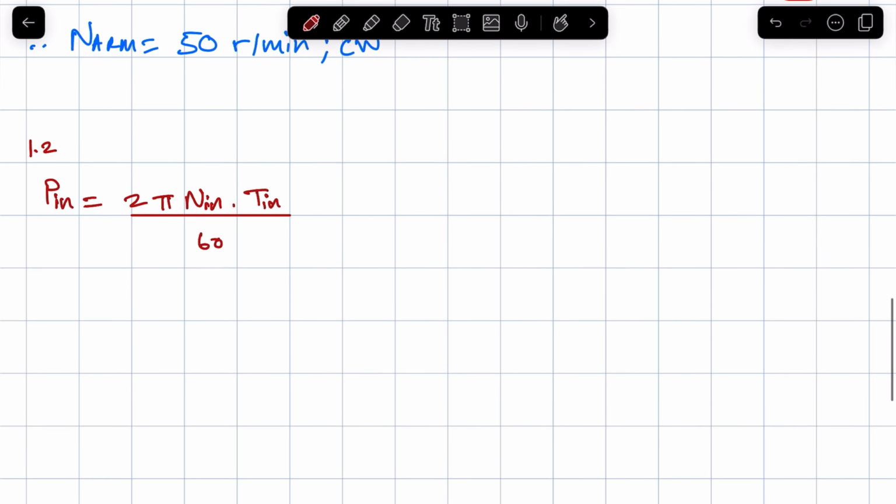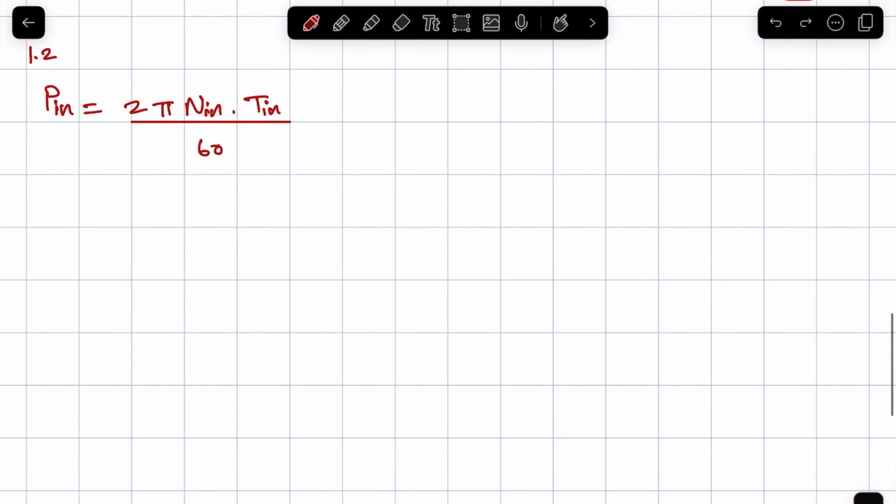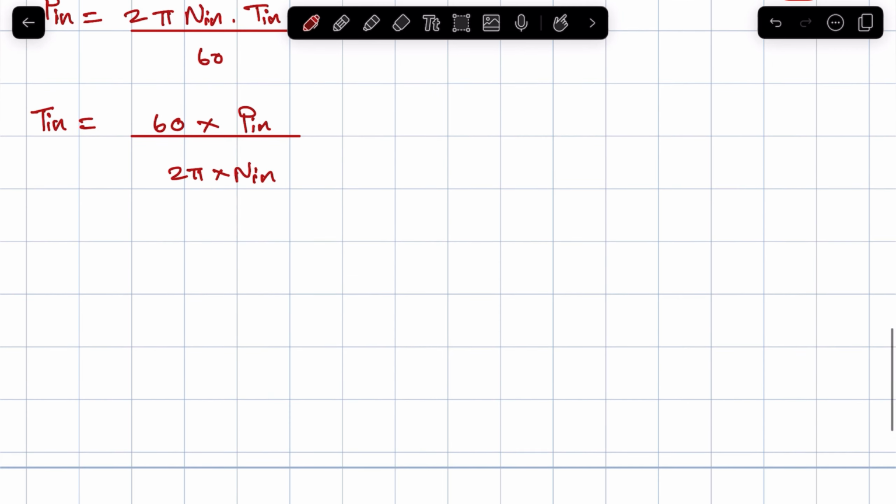And then we have the power in, we have the rotational frequency of the input shaft, so we can get the torque in, or the torque of the input shaft, right? So solving for T in, we get T in is equal to 60 times the power in over 2 pi times n in, right? So n in is essentially ns, right?